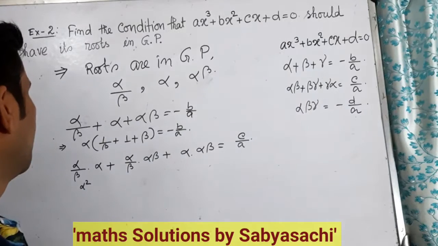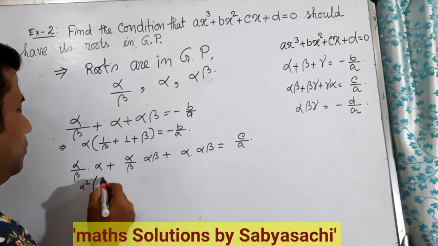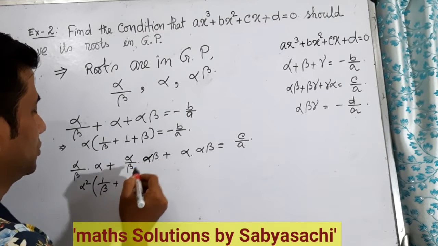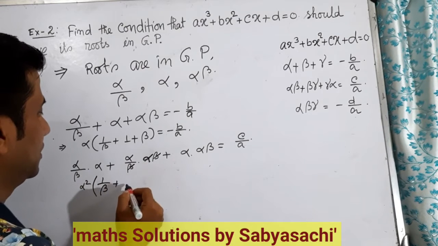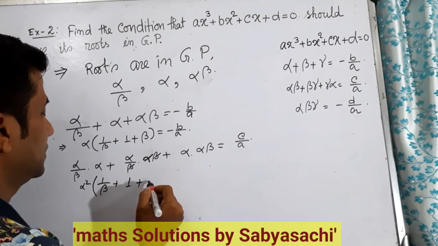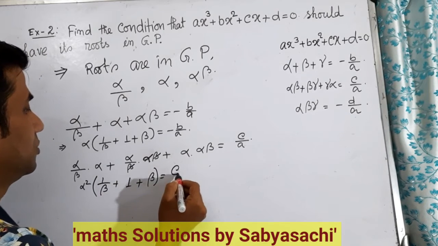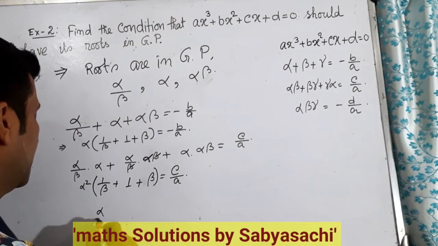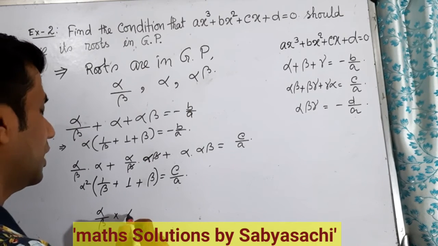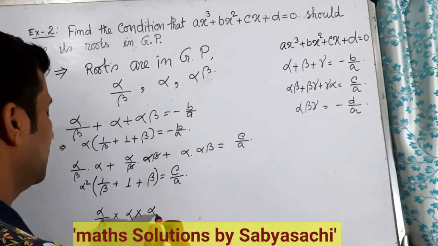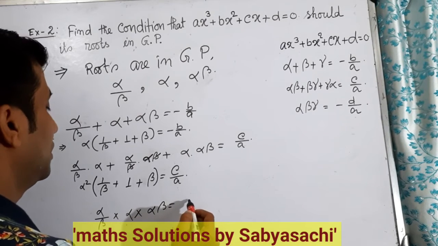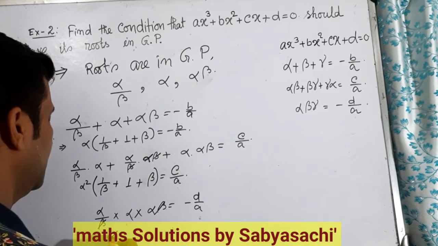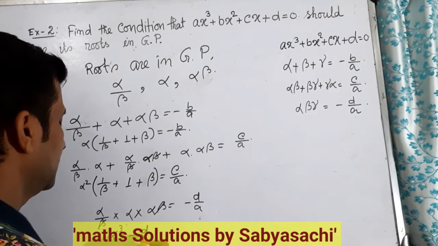That means alpha²(1/beta + 1 + beta) is equal to c/a, and multiplying these three, alpha/beta times alpha times alpha beta is equal to -d/a. That means alpha³ is equal to -d/a.